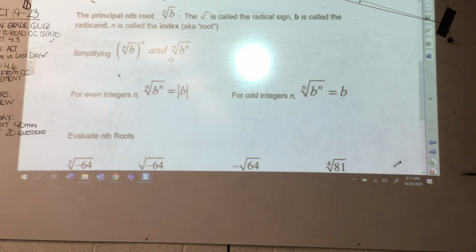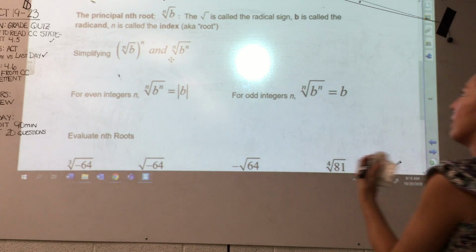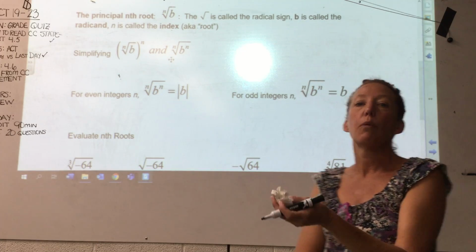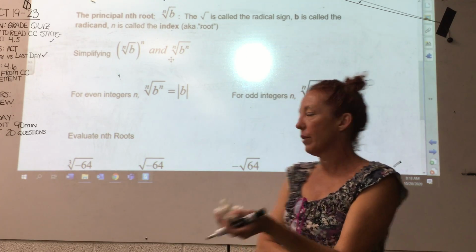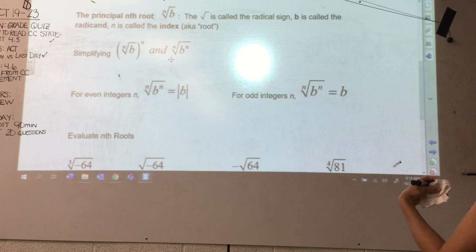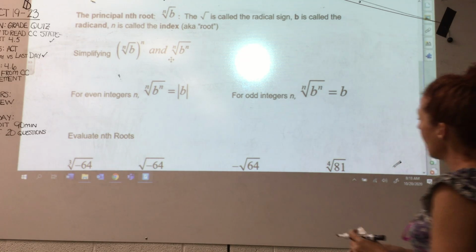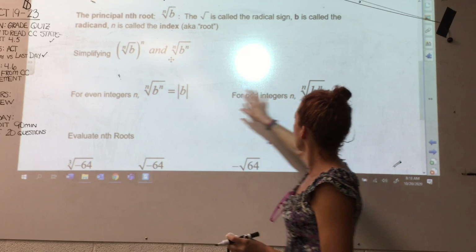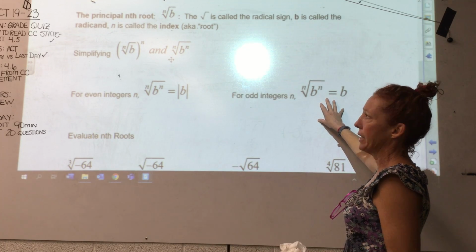The nth root of b, the radical piece is clearly the radical sign. B is called the radicand, and n is called the index, aka the root. So the cube root, the fourth root, the fifth root. We tend to use the word root more than, or I do anyways, more than I do the word index. And I find this to be rather confusing language.